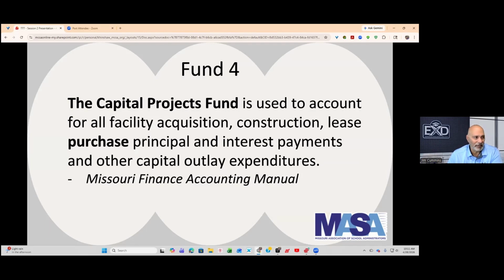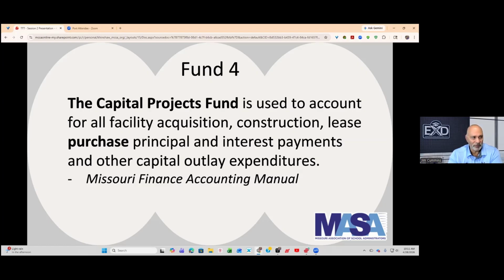And you'll notice I have bolded the lease purchase principal. What you need to understand related to this is there's a difference between a lease, which you are just renting, where the property will not stay with the district when it's over. That is an operating expense.